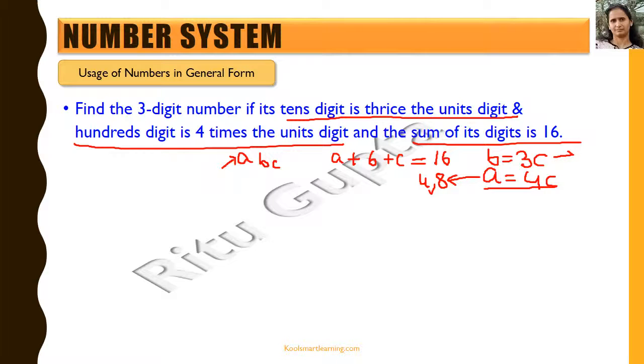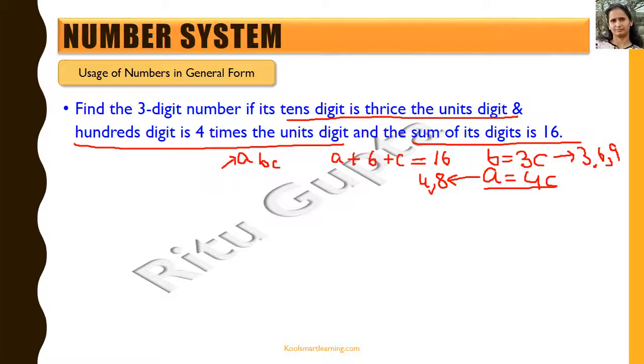Similarly, B has to be a single digit and a multiple of 3, so it could be 3, 6 or 9. These are the options that we have, and C of course could be any of these.